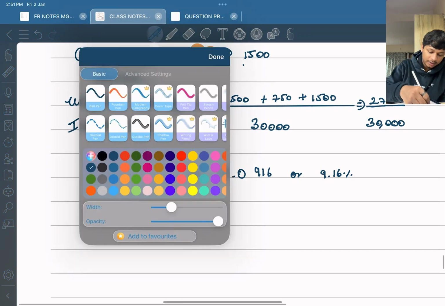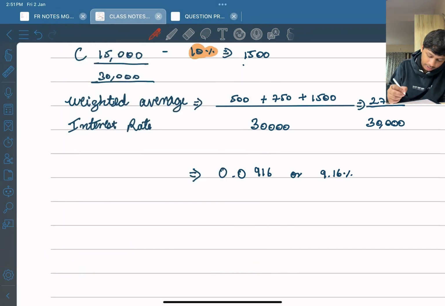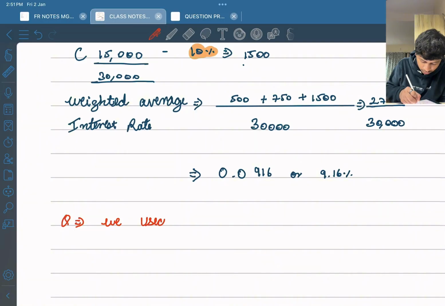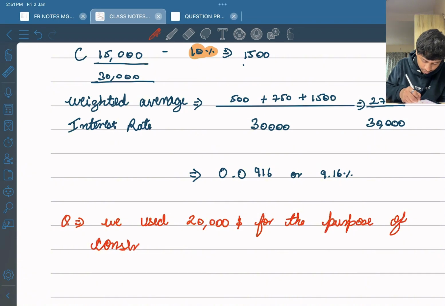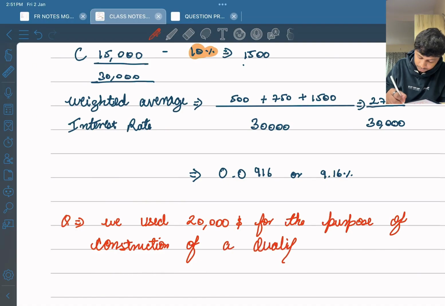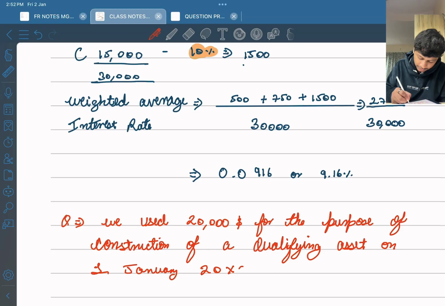Now let's say that in the question they have given us: we used $20,000 for the purpose of construction of a qualifying asset on 1st January 20x6.